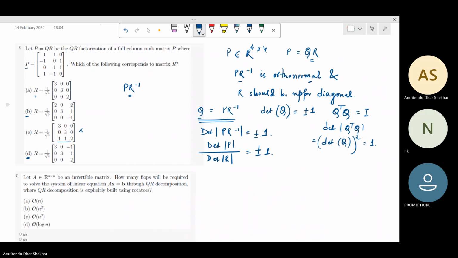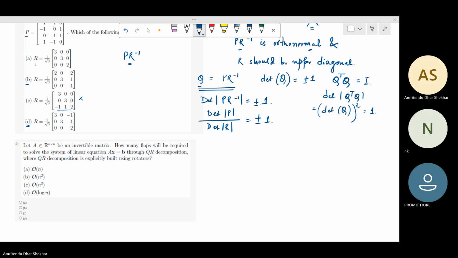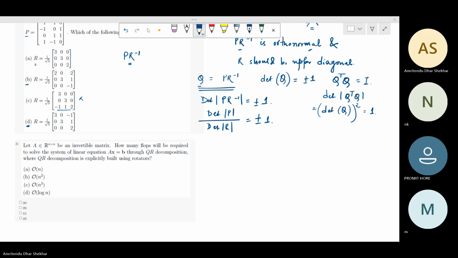This is routine. Okay, on to the next problem, the second problem.